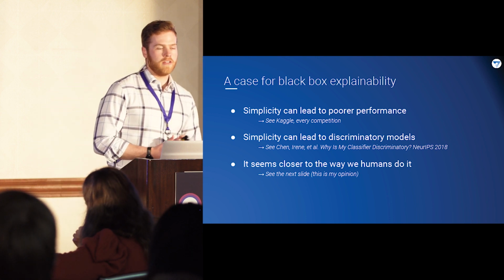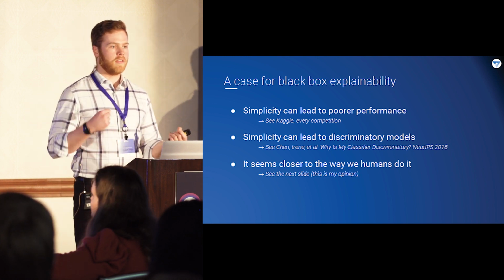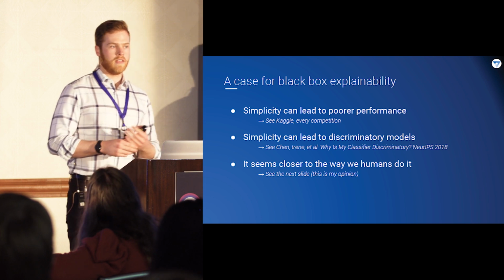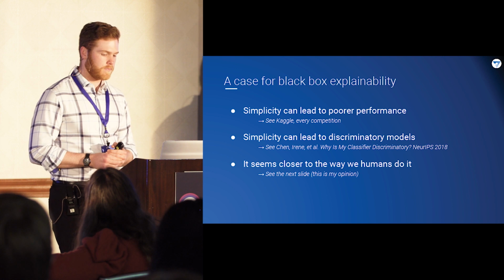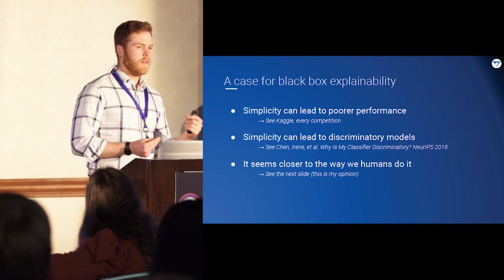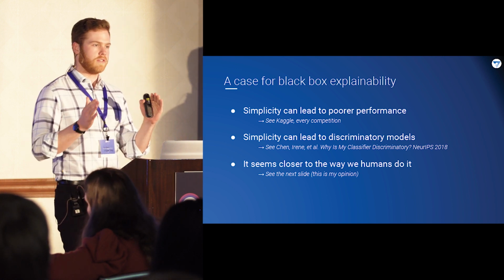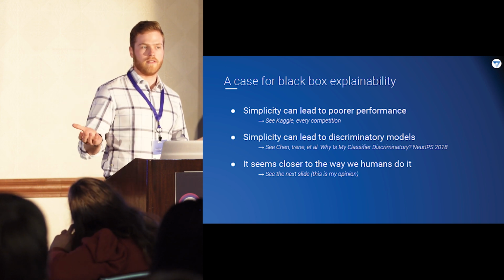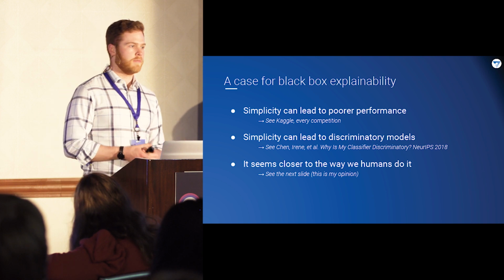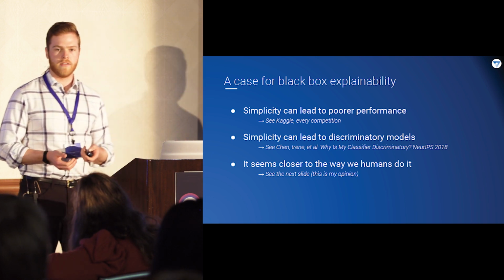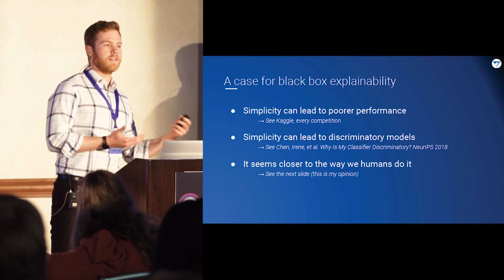In terms of discrimination, an overly simplistic model can, depending on your data set, and there's some really interesting research by Irene Chen on this, have problems. If your model is maybe a line and you're fitting it through a nonlinear space, you may fit the non-outliers better than the outliers. And sometimes in real life situations, the outliers are protected classes. They're minorities.